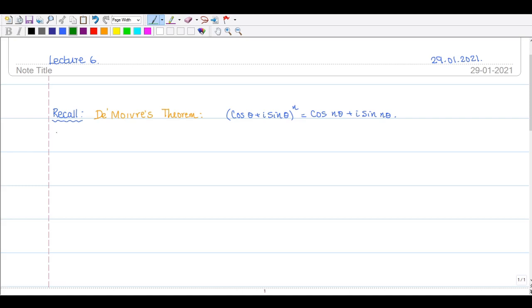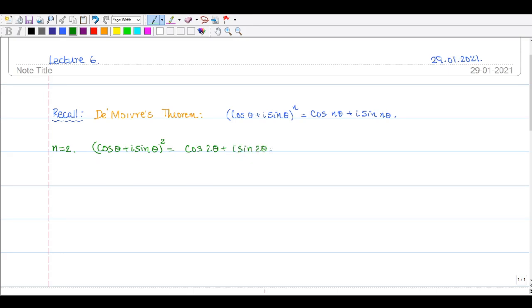So when n equals 2, we have (cos theta plus i sin theta) the whole square, which is equal to cos 2 theta plus i sin 2 theta.